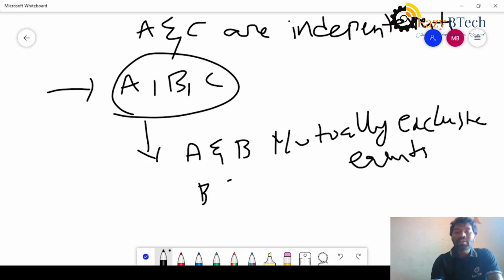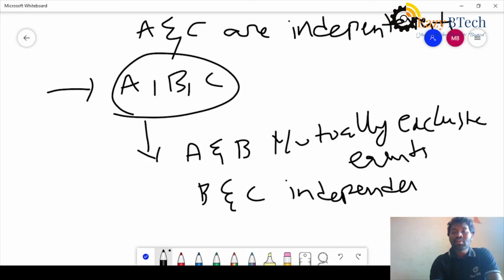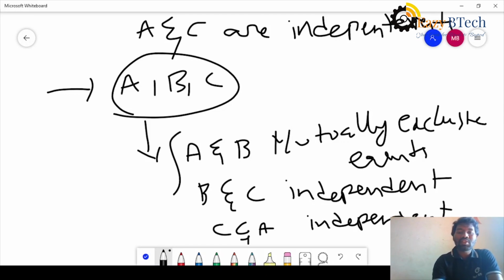And B and C are independent events, and C and A are also independent events. So these are the three conclusions we have found out from the given formula. We should verify like that to find whether the given events are independent or not.